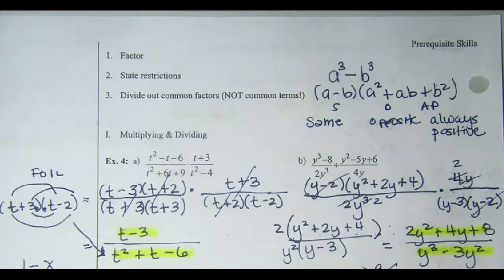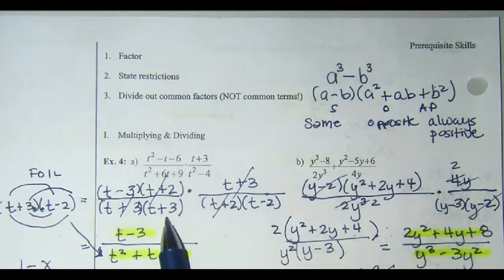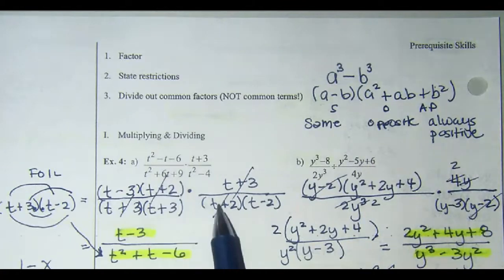So t plus 3 cancels with t plus 3, and t plus 2 cancels with t plus 2, and t minus 3 is not going to cancel with t plus 3, nor will it cancel with t minus 2. When you cancel, you always cancel by levels. So you can cancel diagonal up and down, or straight up and down, but you can't cancel straight across. So it's always top to bottom that you cancel.